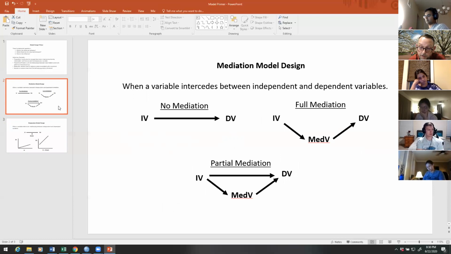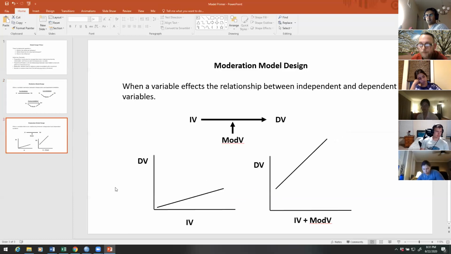To test for mediation, for instance, you use a series of regressions, and you measure the betas on each of these different arrows, and you determine whether the influence of this mediator changes the original relationship or not. Moderation, again, is slightly different, not the same as mediation, but it's the introduction of another variable to a model that changes the relationship between the IV and the DV.